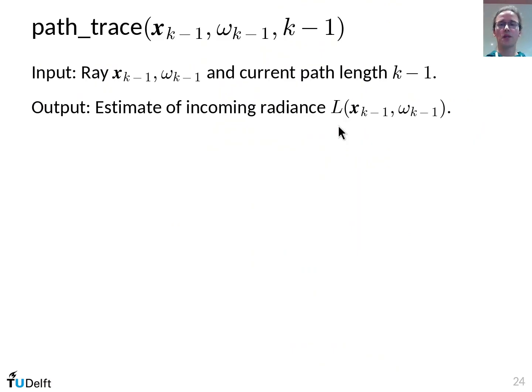Okay, now with all of this reasoning at hand, we are ready to actually think about how we should implement a path tracer. So what I'll do on this slide is I'll show you complete pseudocode for a very simple path tracer, which I'll then show in action.